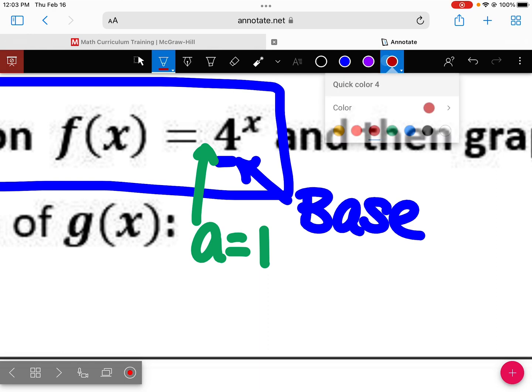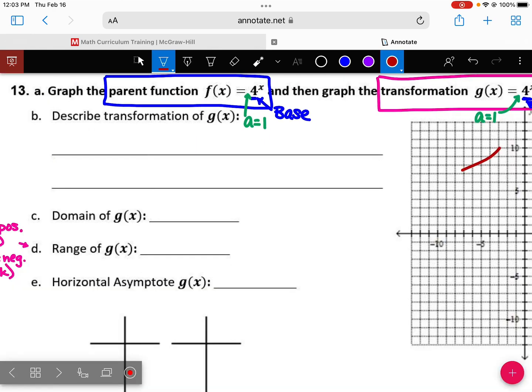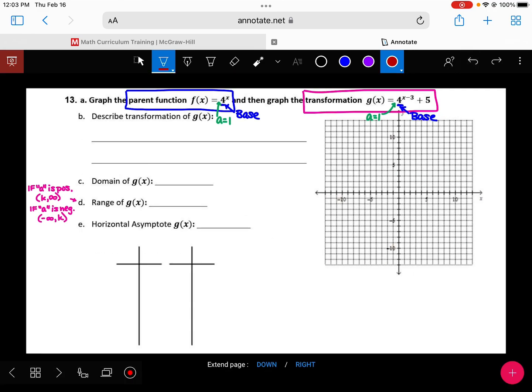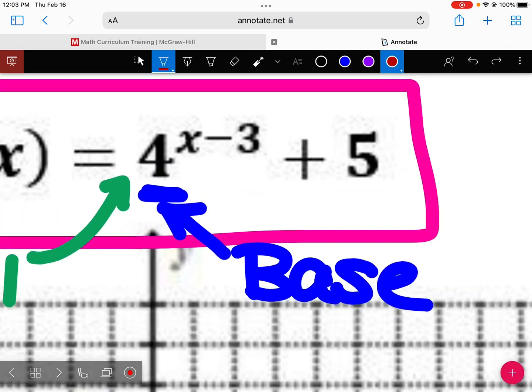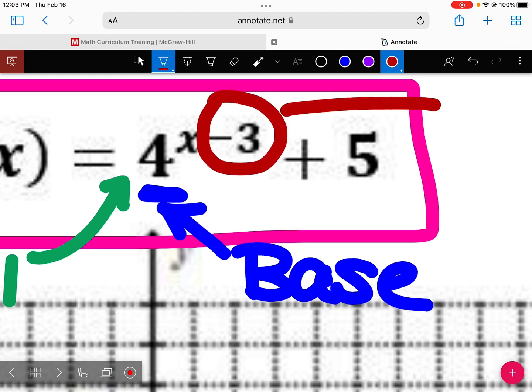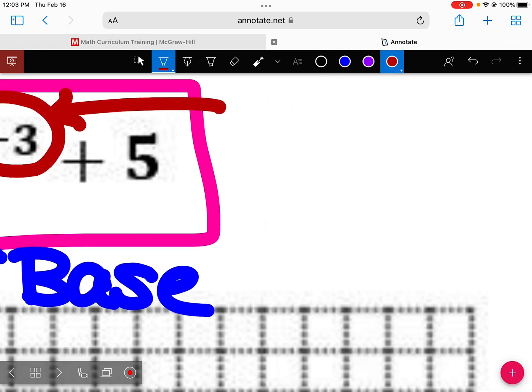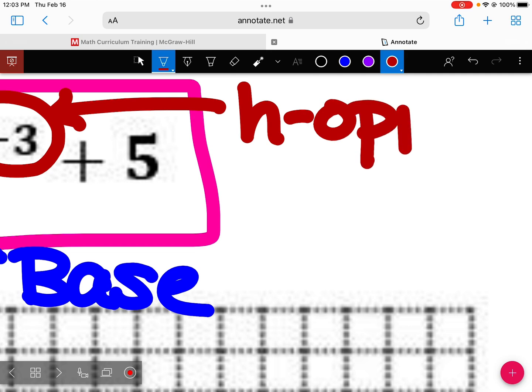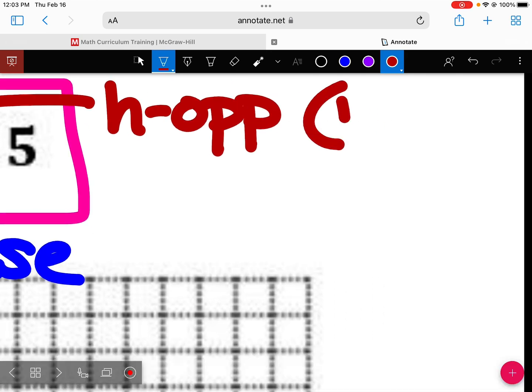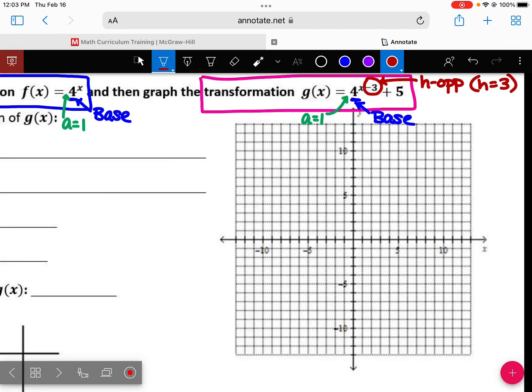What is our H value on that transformation? 3. Right here is where we look at H, only that is the opposite of H. So H is 3. What will that do to my graph if H is a positive 3?